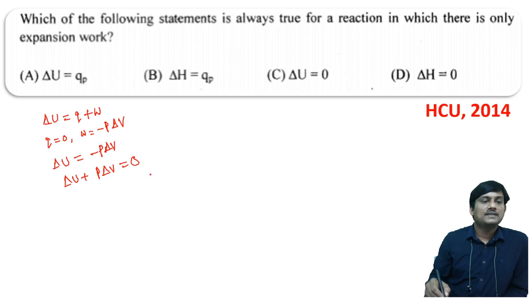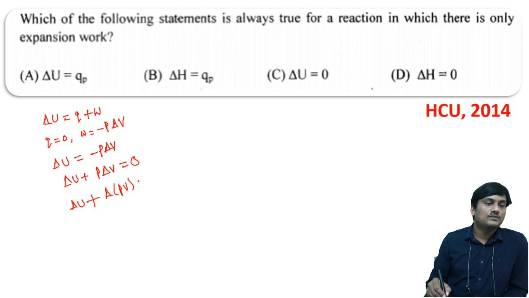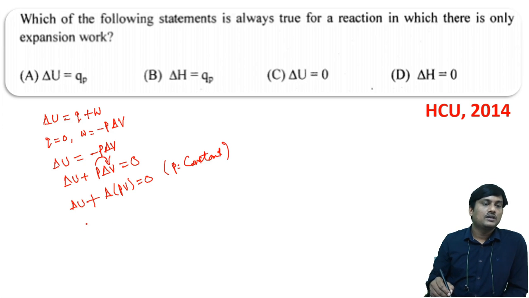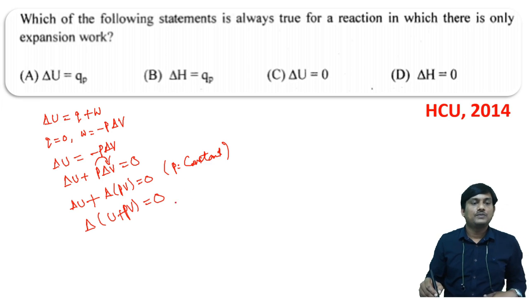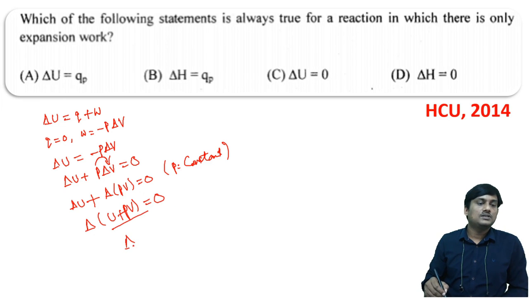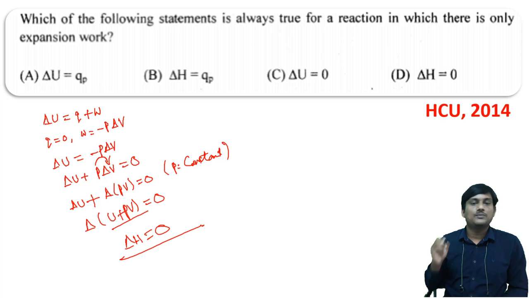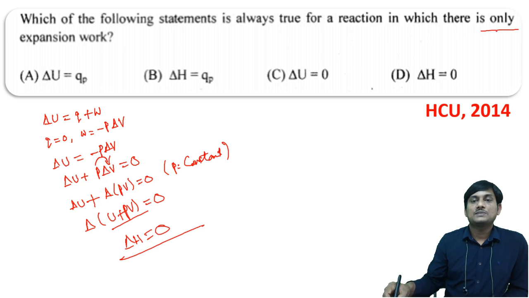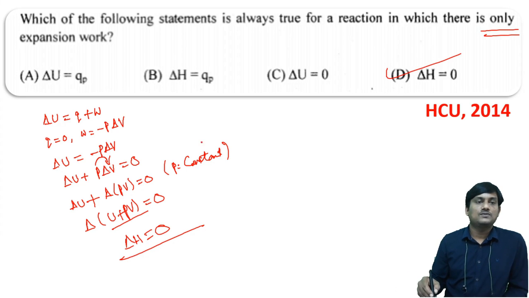Suppose when pressure is constant, P is constant, you can bring this P inside. Then delta of U plus PV is equal to 0. So what is U plus PV? H. Delta H is equal to 0. So for only expansion work, which one is correct? Delta H is equal to 0.